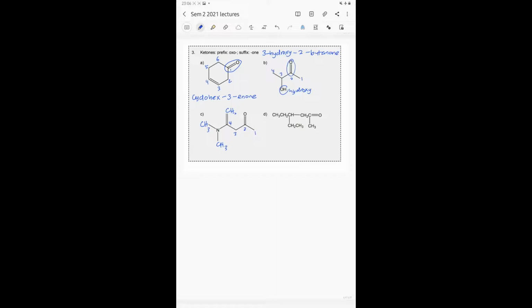We have a substituent in the substituent. Firstly, at carbon number 4 we have an N substituent, amino. It is amino, not amine, because it is not the parent this time. At the amino we have 2 methyl, CH3, CH3. So this is a substituent in the substituent.